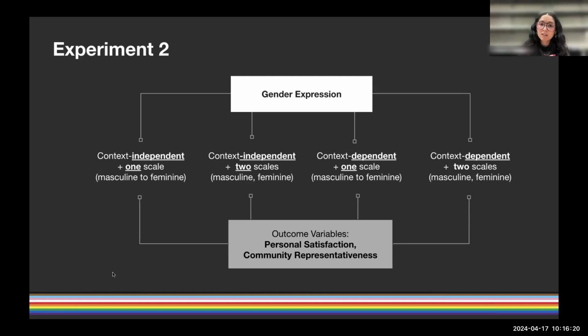And we gave them response options on one scale that is masculine to feminine and on separate scales, which is masculine and feminine independent. So the combination of those two factors led to 4 different experimental settings. And we asked the same outcome measures of personal satisfaction and community representation to the respondents after being exposed to those arms.